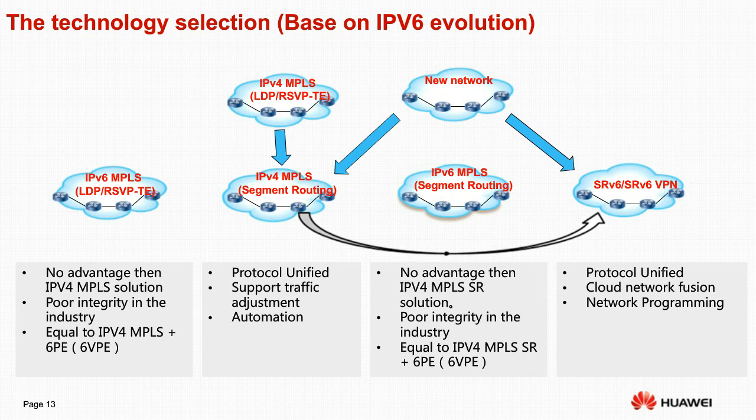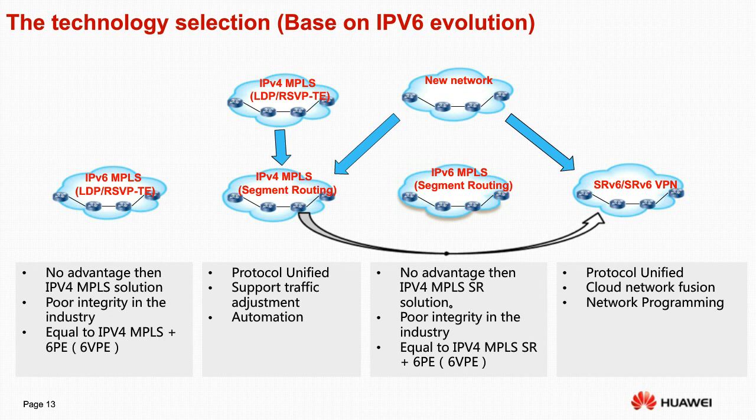Actually, I think maybe nobody wants to upgrade their network to IPv6 MPLS now, because right now the industry is not mature. Also, we can use IPv4 MPLS plus 6PE to support IPv6 functionality.